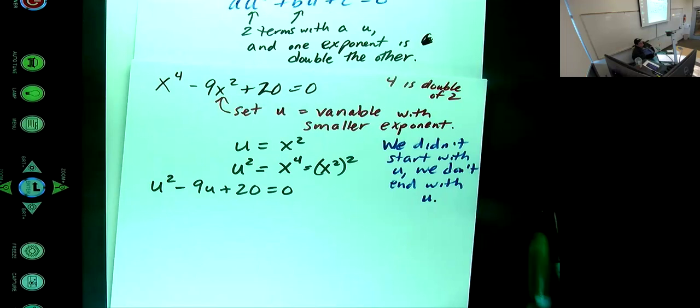All right, so we can do quadratic formula if we want. If you want to do it, go ahead and take a minute and figure out what the two solutions for u are. I'll wait. You can factor, you can complete the square if you're a psycho. You can use quadratic formula.